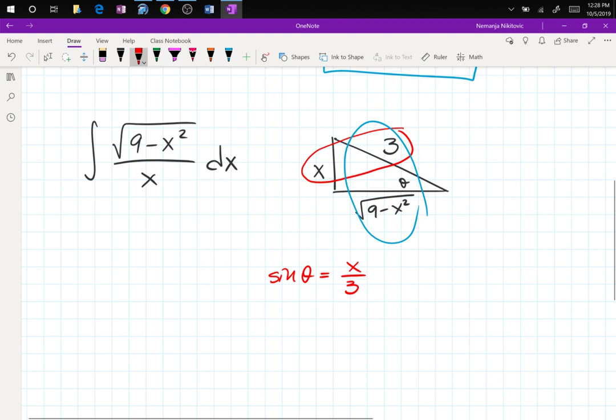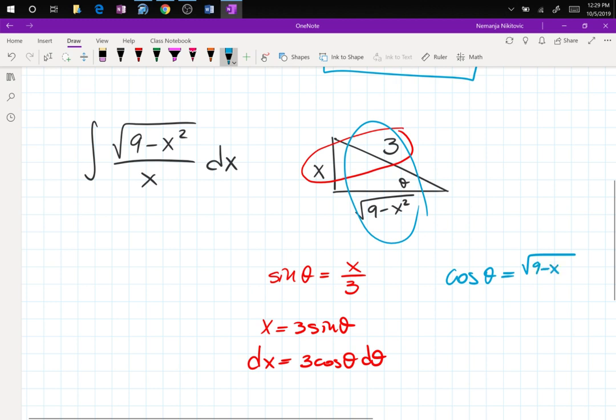From there you can solve for x, which is 3 sine theta, and immediately for dx, which is 3 cosine theta d theta, because we need to change everything, right, we need to change dx as well. The blue one is going to be cosine of theta, which is the square root of 9 minus x squared divided by 3.